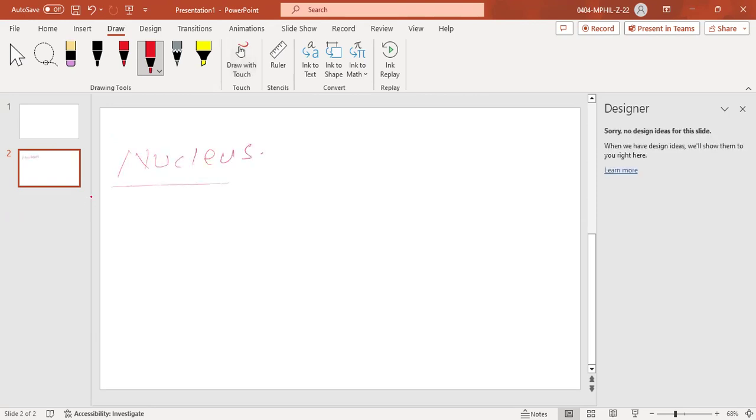Nucleus. It is one of the largest organelles. We can say it is the largest one; as compared to other organelles, it occupies more space.